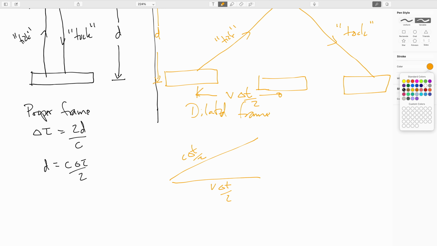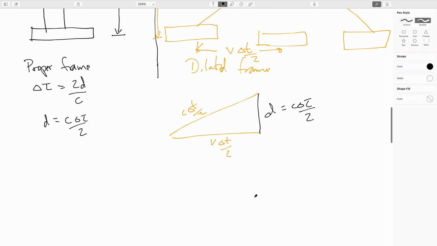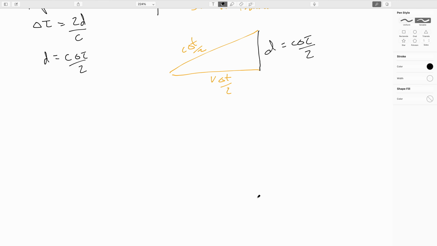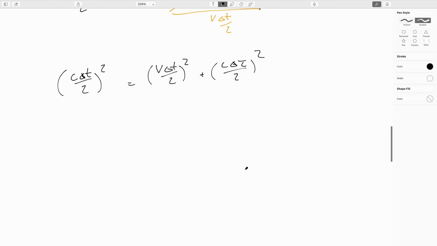And then this vertical bit here is just our friend d, which we cryptically had expressed as c delta tau over 2. So now we can use the Pythagorean theorem. This length here is going to be c delta t over 2 squared, and that'll be equal to v delta t over 2 squared plus c delta tau over 2 squared.